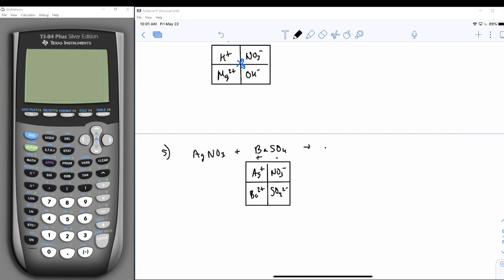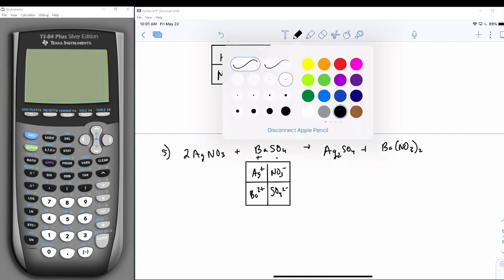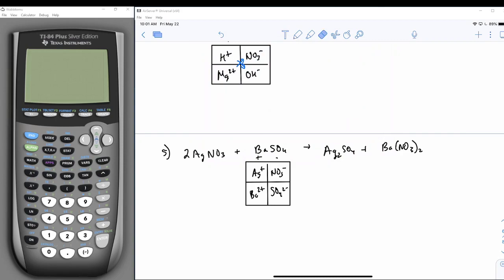Okay, so then my products are Ag2SO4 plus Ba(NO3)2. So we balance here. Actually, there, and so we get double displacement again.